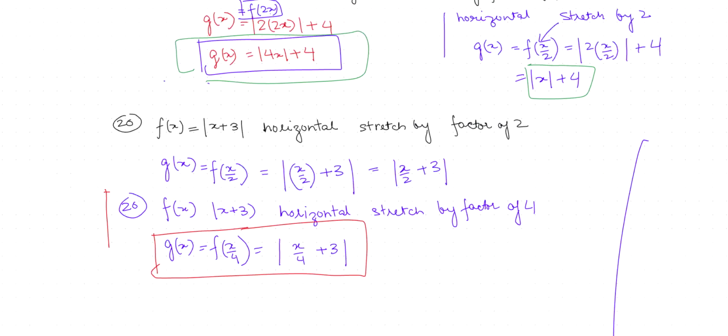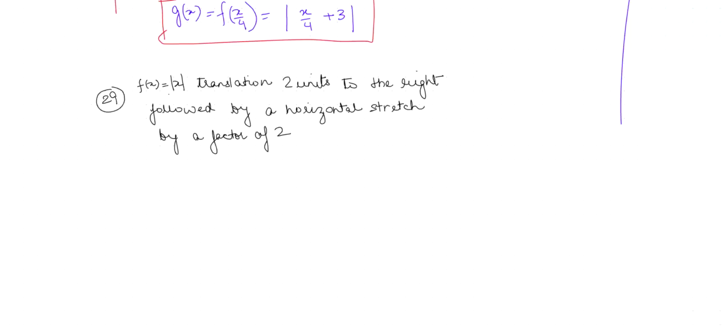Okay, let's do one more problem. So this is the question given. f of x is the absolute value of x, translated 2 units right, followed by a horizontal stretch by a factor of 2.